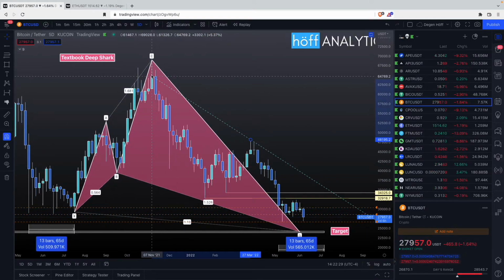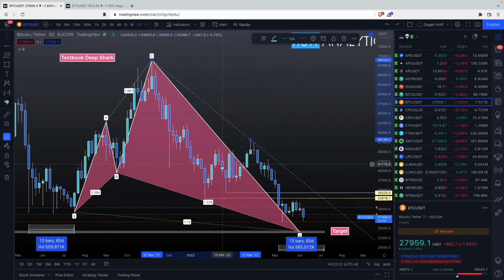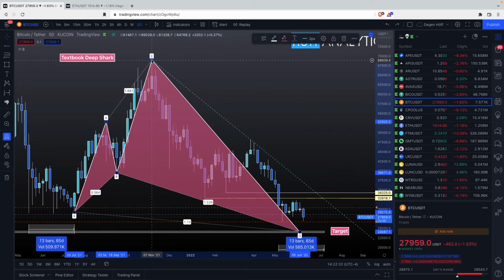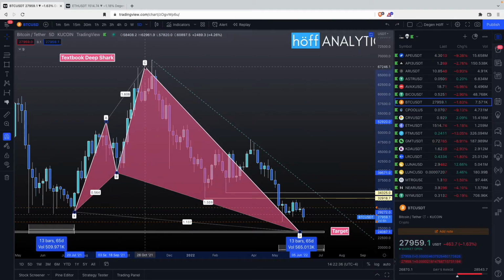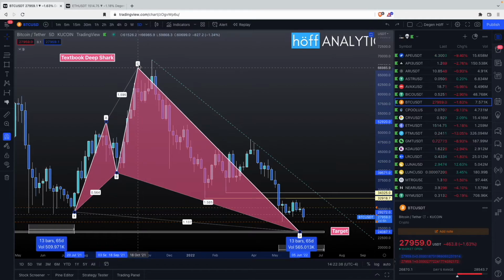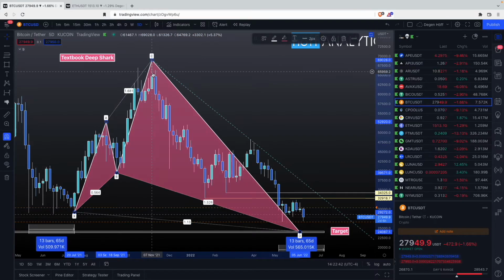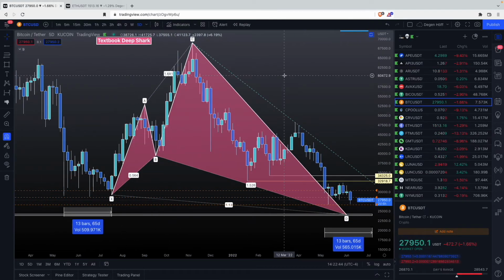So, one moment. Around here would have been more natural. It would have been just under the 1618. This one's a little extended, but it's still in the same range.